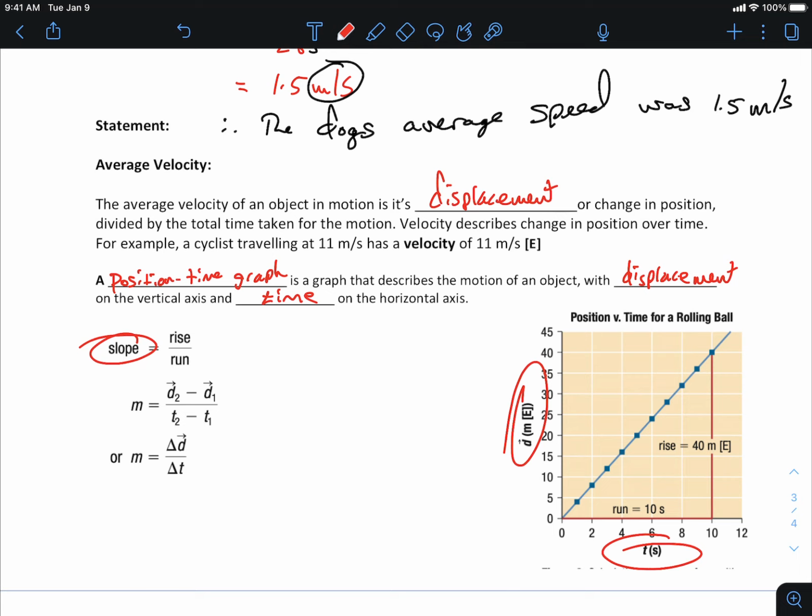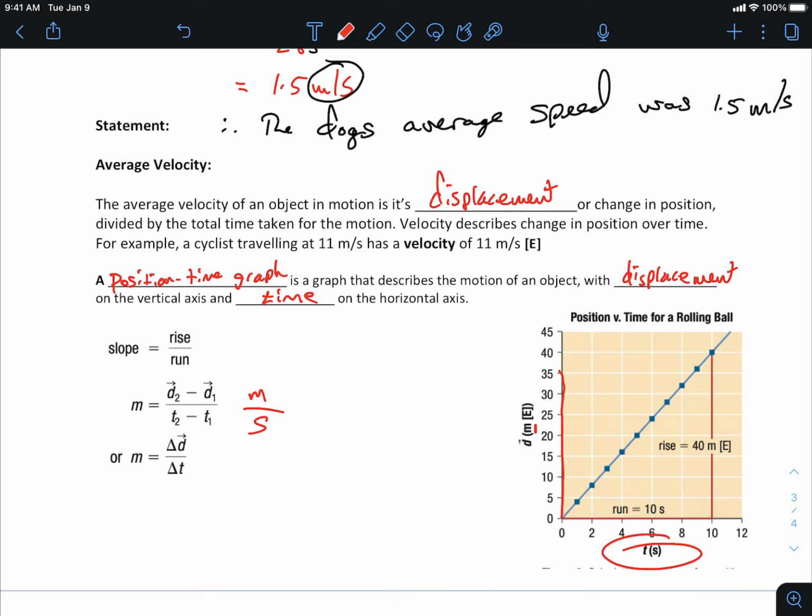Okay? If you guys look at slope, what is slope? Slope is rise over run. Well, what are you going up by? What are the units of this axis? Meters. So you're going up, it doesn't matter how many meters, the units are meters, over, well, time measured in seconds. Right?